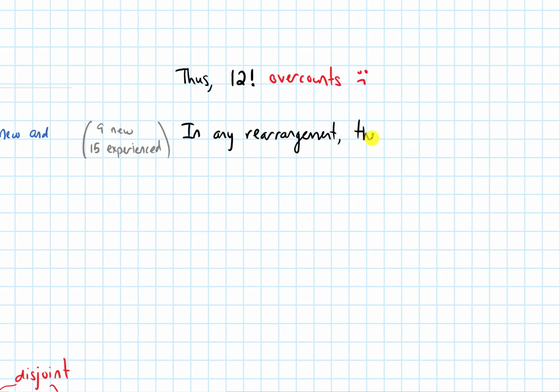In any rearrangement, let's think about how many ways there are to permute each set of identical books. So for the calc books, there's 5 factorial ways to permute the calc books, which means we are overcounting by a factor of 5 factorial.